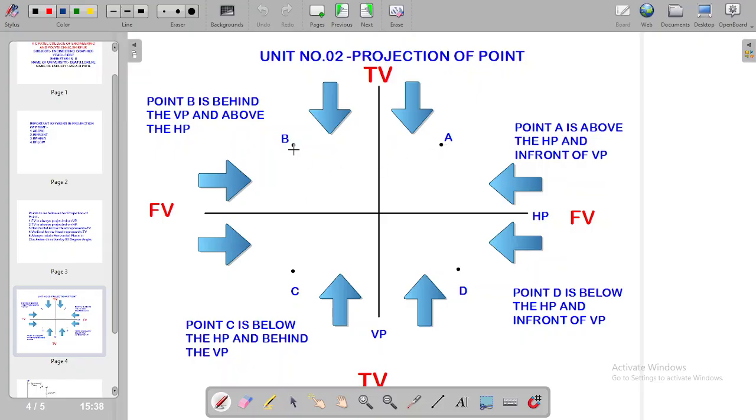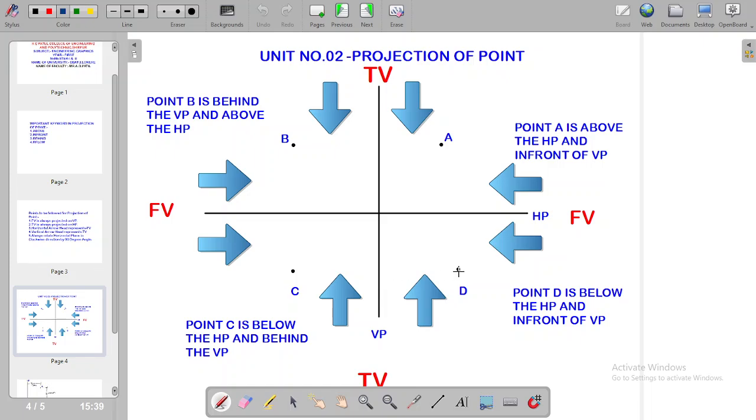Point B is behind the VP and above the HP. Point C is below the HP and behind the VP. Point D is below the HP and in front of VP.